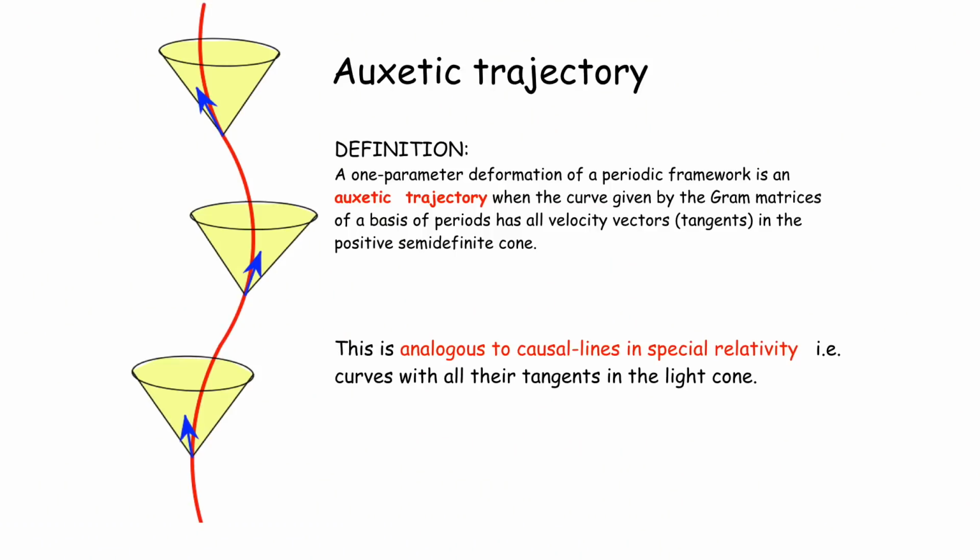But in higher dimension, this cone, which is depicted here like a Minkowski cone, is actually more complicated because higher dimensional semi-definite cones have a more complex structure, but it is a very well studied object mathematically, and it's implicated in many branches of mathematics.